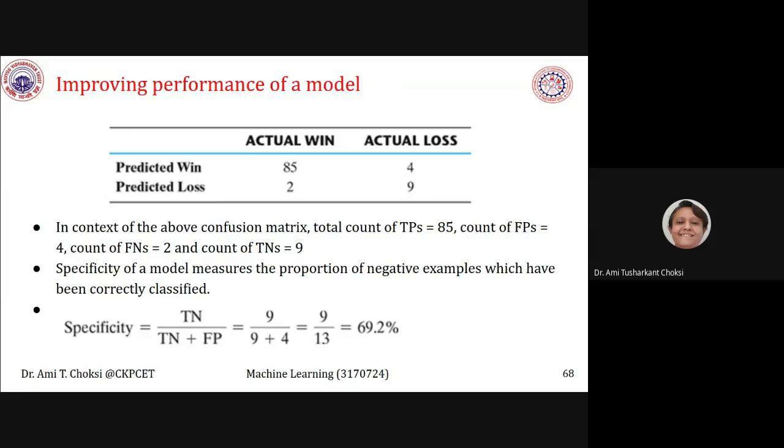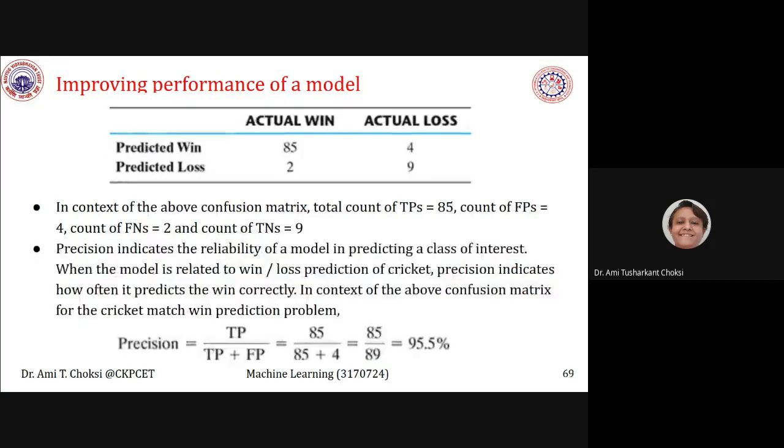Specificity. Specificity of the model measures the proportion of negative examples which have been correctly classified. Specificity is equal to TN upon TN plus FP and that is equal to 9 by 9 plus 4, that is 9 by 13. So that is equal to 69.2%.